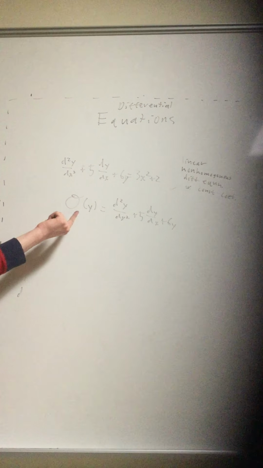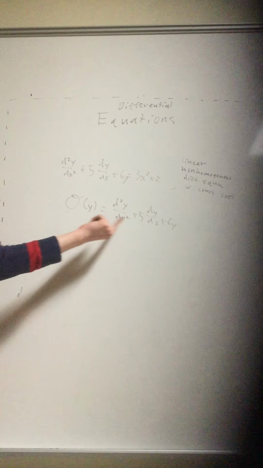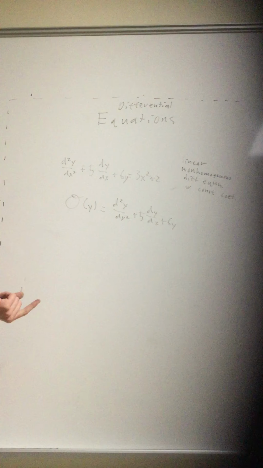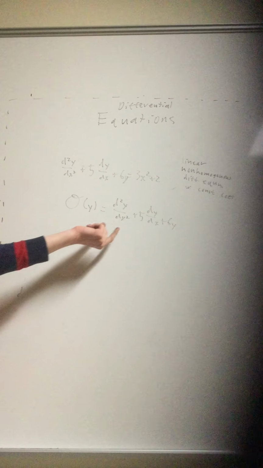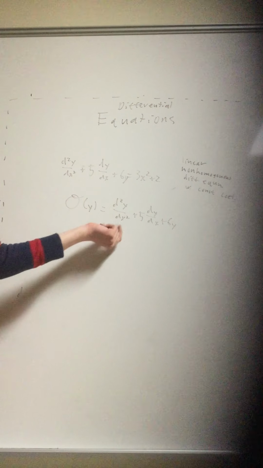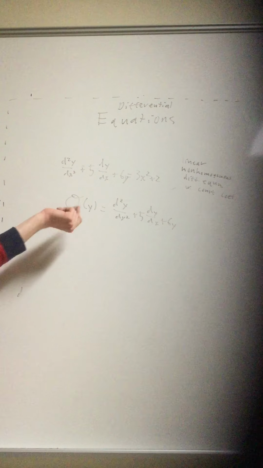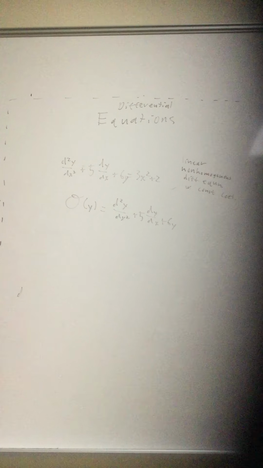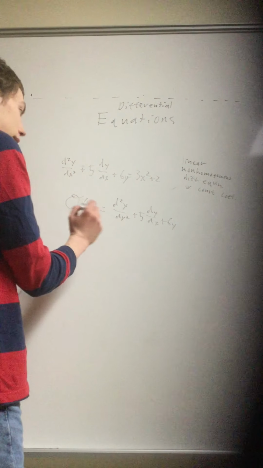In this case, it takes any function, so you could put e to the x, you could put sine of x in, and it's going to spit out another function. So instead of being a function of, say, a number like 5, it's going to be a function of a function, which is an operator. Operators are functions of more abstract things, like other functions or matrices or vectors.